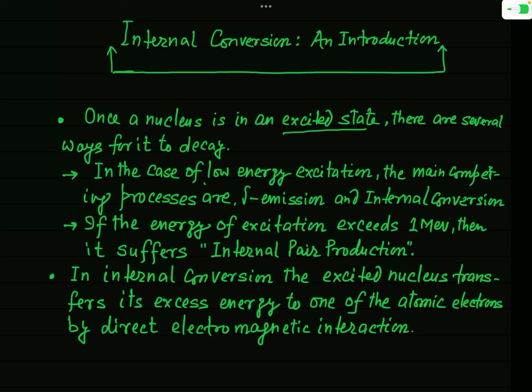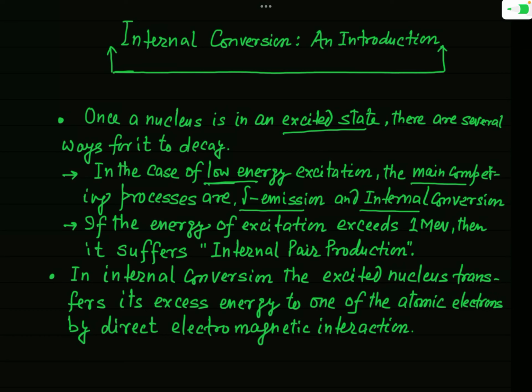When the excitation energy is low, the main processes of getting rid of the excited state are two. The first one is called gamma emission and the other is internal conversion. So remember, gamma decay and internal conversion will take place only when the excitation energy is low, not very high. Okay?